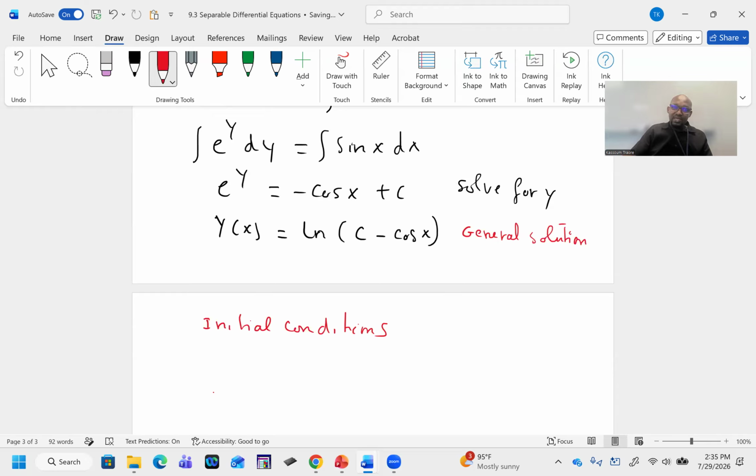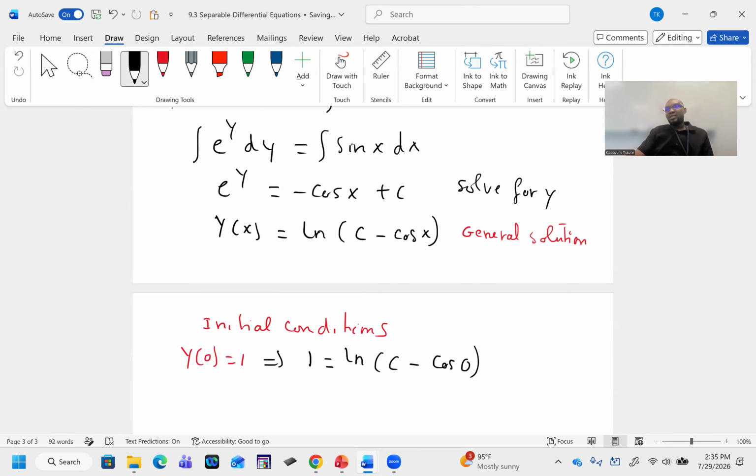So if y of 0 is equal to 1, this implies 1 will be equal to what? Because y of 0 is equal to 1. 1 will be equal to ln of c minus cosine of 0.